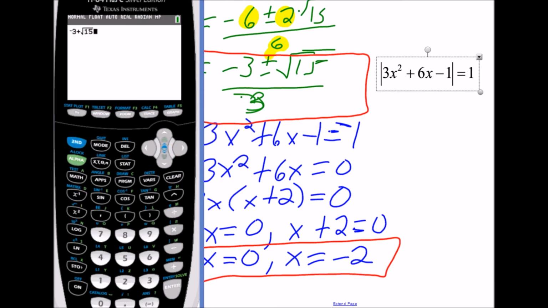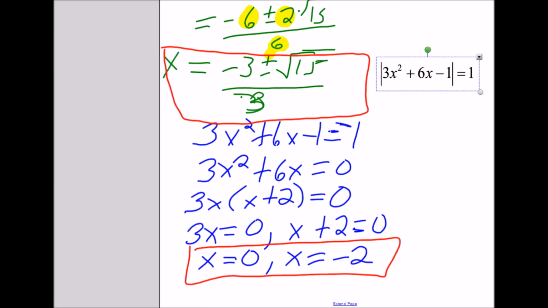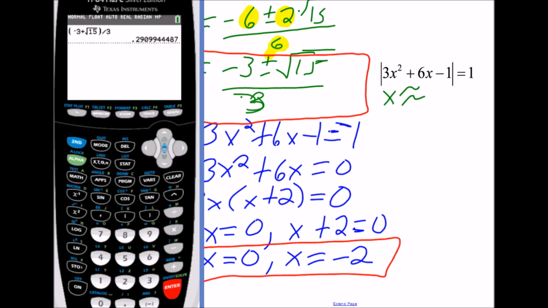I need to put that all in parentheses. So I go back and say insert parentheses. Divided by 3. Okay, so that equals, now we're dealing with approximations here, and we're only checking our work, so approximations might be okay. So x is approximately 2.29.